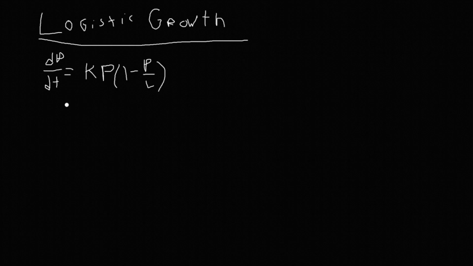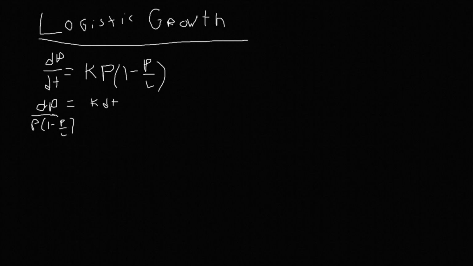So we know we're going to first try and separate the variables here. So you have k dt is going to be dp over p times 1 minus p over L.